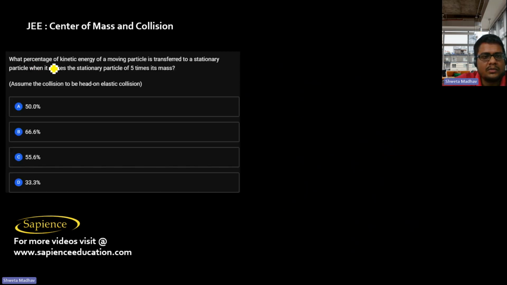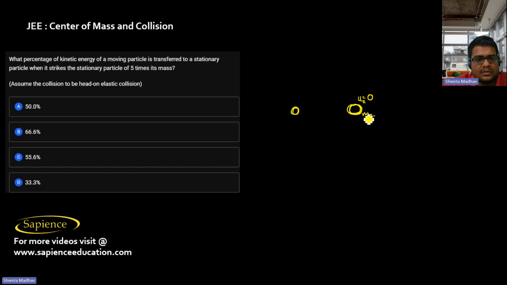Then it is told, what percentage of kinetic energy of a moving particle is transferred to a stationary particle when it strikes the stationary particle of 5 times its mass. Assume the collision to be head-on elastic collision. So it is a head-on elastic collision. The stationary object has u2 equal to 0, it is at rest.